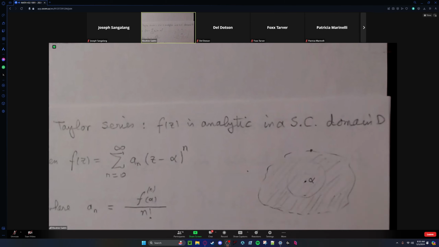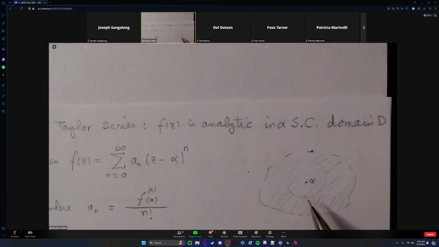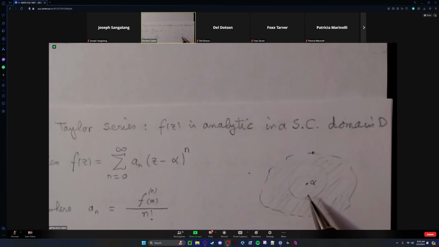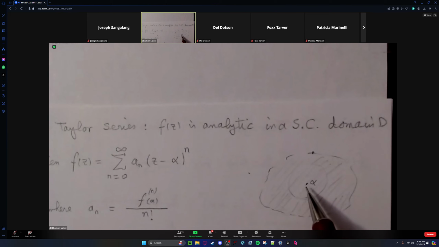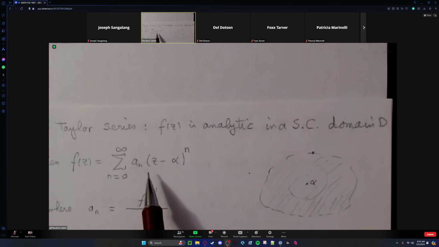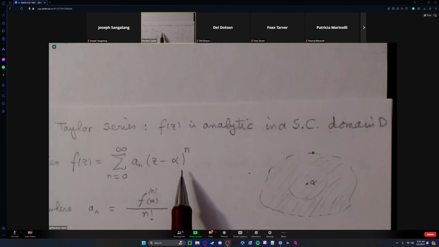Now, if that is the case, we can have a power series representation of the function with center being alpha, all right? Center being alpha means in powers of z minus alpha.